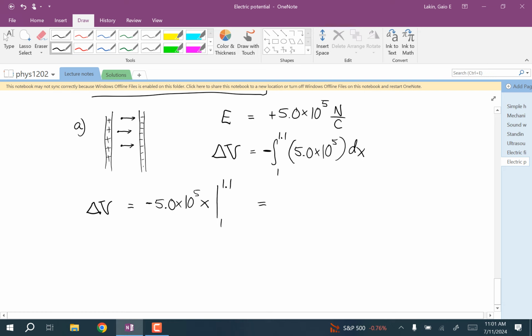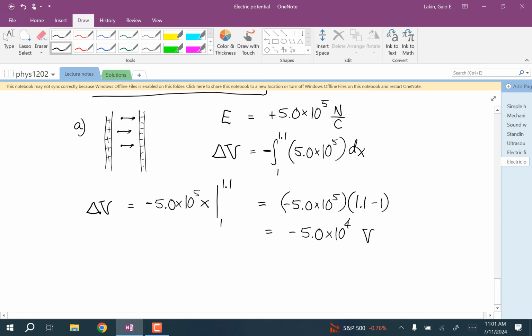So this comes out to be negative 5 times 10 to the 5th times 1.1 minus 1. And so we get negative 5.0 times 10 to the 4th. And this is in volts.